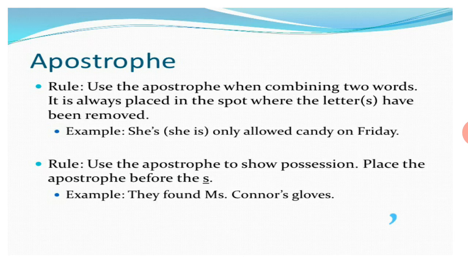First just note down this is the apostrophe mark. Now see here. Use the apostrophe when combining two words. It is always placed in the spot where the letter has been removed, deleted in that place. Example: she is only allowed candy on Friday.